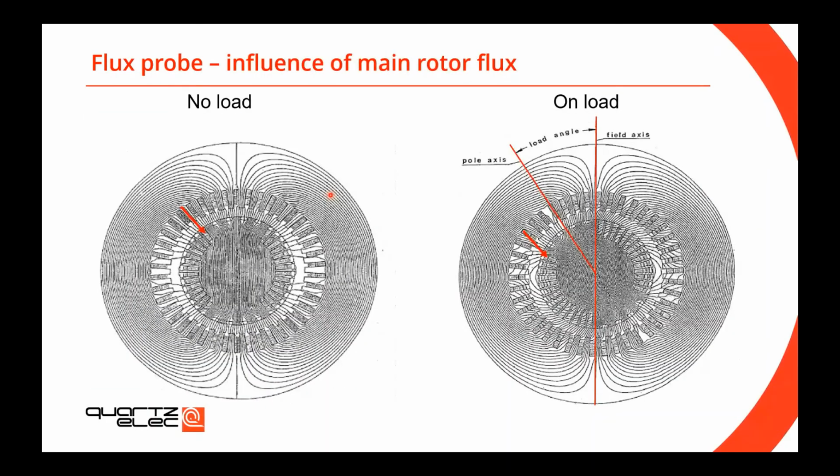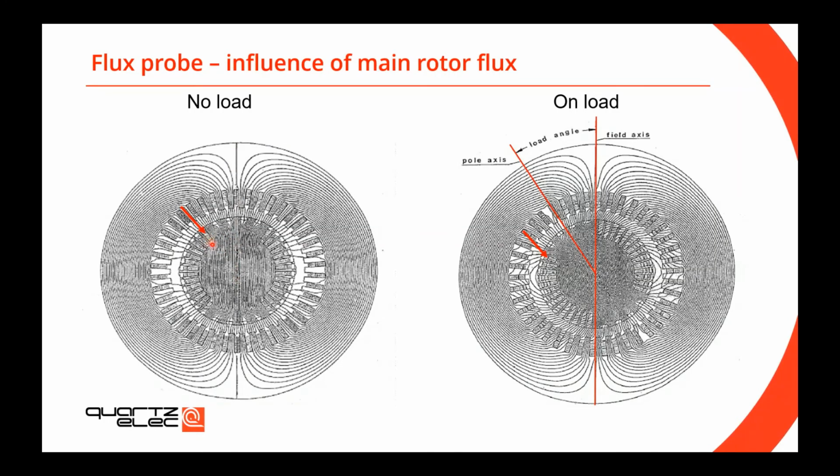Now, we need to mention the influence of the main flux that we mentioned in the first slide. On the left-hand side, this is the main flux at no-load condition. There's no armature reaction coming from the stator, so the flux is just flowing through the rotor, air gap, and then back through the core. I would like you to focus on coil 1, where it sits against that axis.